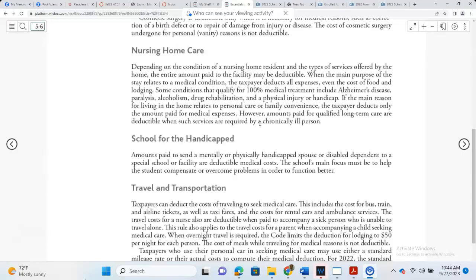Going back to the vanity part, I guess dentures and veneers would be deductible? Dentures, yes, you need them, otherwise you cannot eat. But veneers, no. It depends on why you're getting it, like correction of teeth. I guess so.